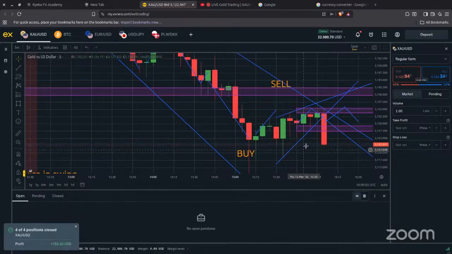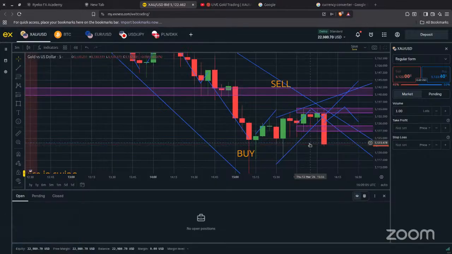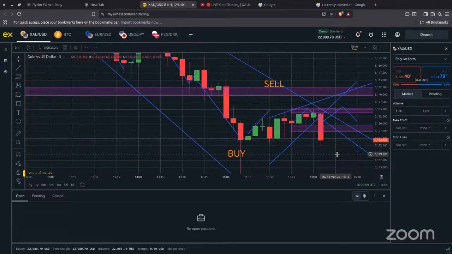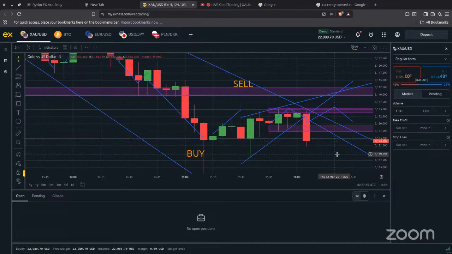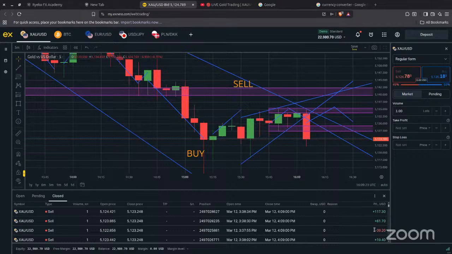So we have not even made any money, because that pullback, if we were a little bit patient, that would be okay. So we have not made any serious money.